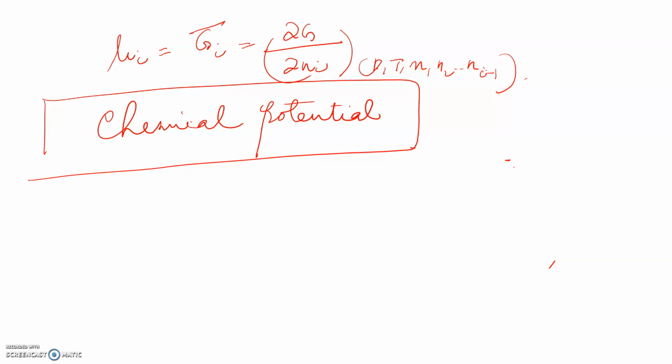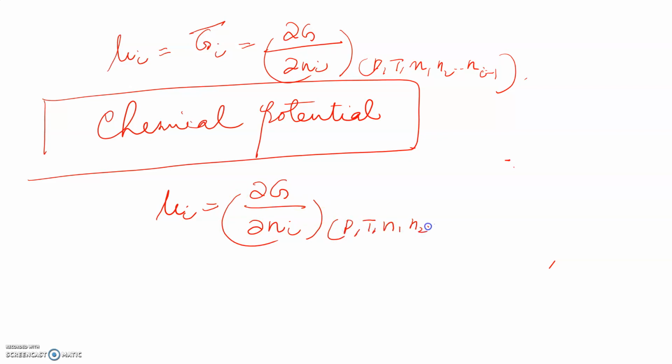There is a physical significance for this chemical potential. Now let's see what the physical significance of chemical potential is. In order to know what the physical significance is, let's write what is mu I. Mu I is equal to dou G by dou Ni at constant pressure, temperature, N1, N2, etc. in I minus 1.